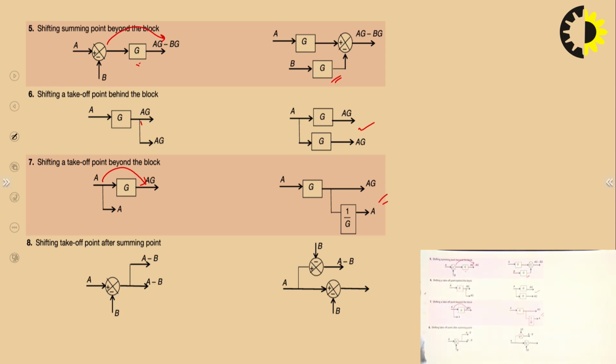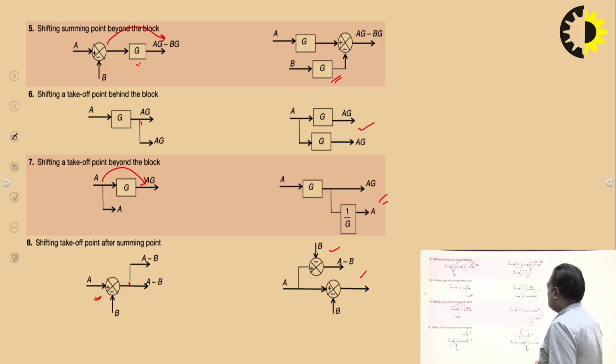And shifting takeoff point after summing point. So this is another rule. Generally we try to avoid this particular rule because in this case more complexity arises. So you can see here, rather than a single summing point, you are having two summing points. Okay.